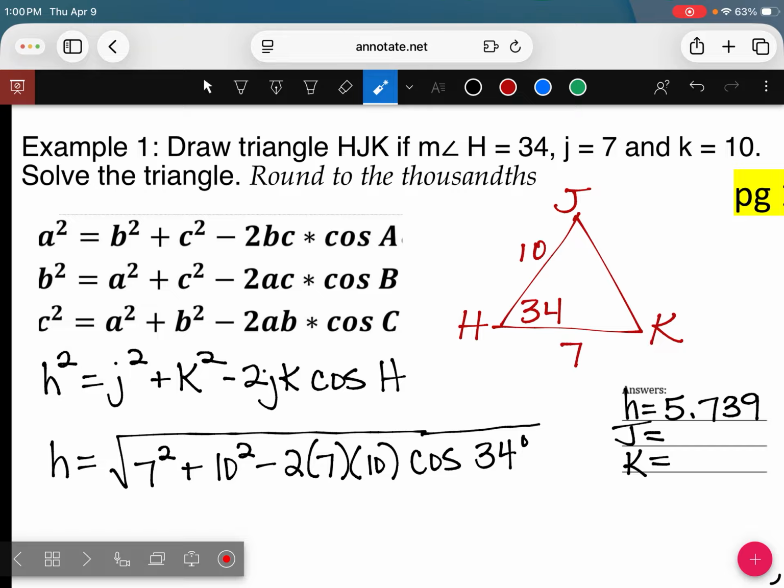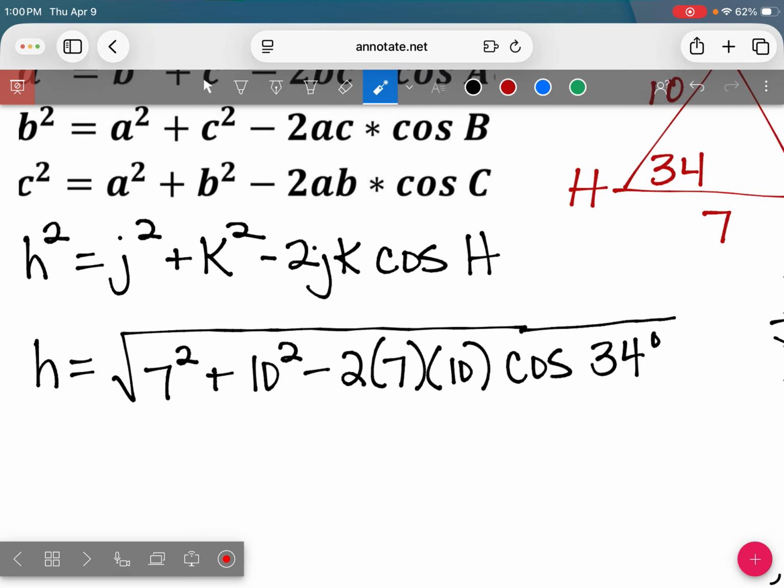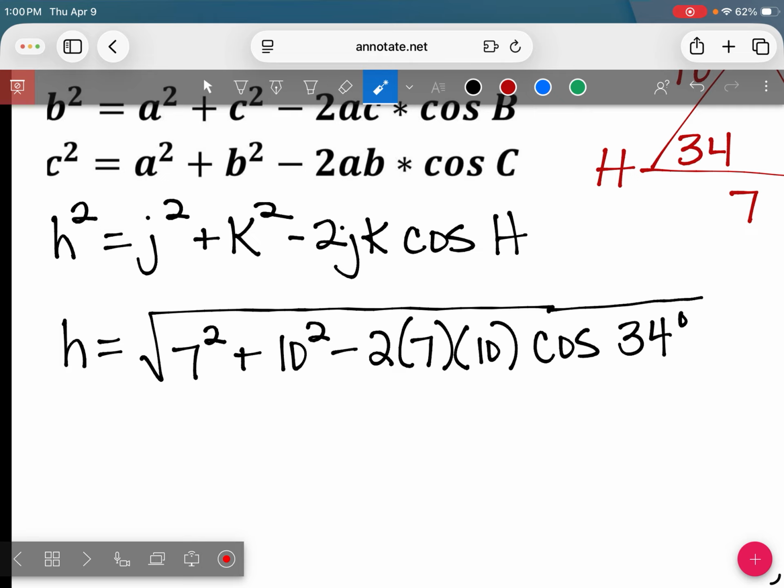So I like to do things in alphabetical order, so I'm going to do J first. So now I'm going to write the law of cosines. How would I write it if I'm looking for angle J? I have to start with little j.